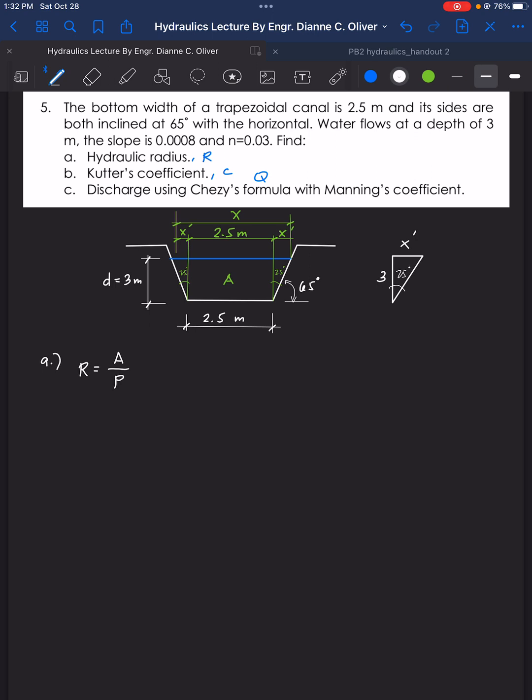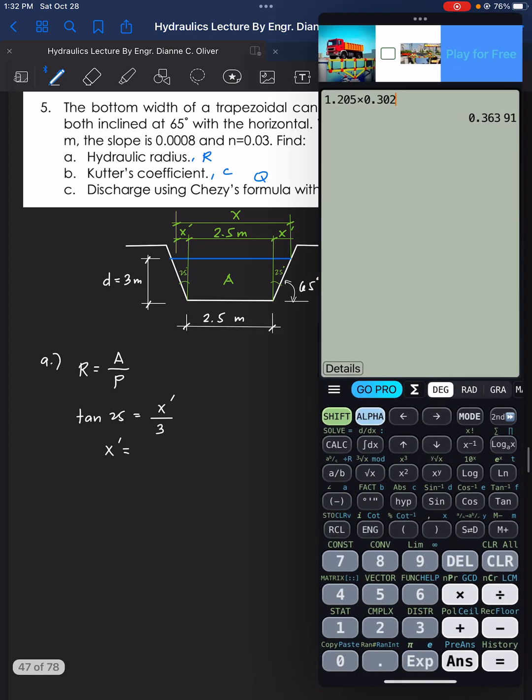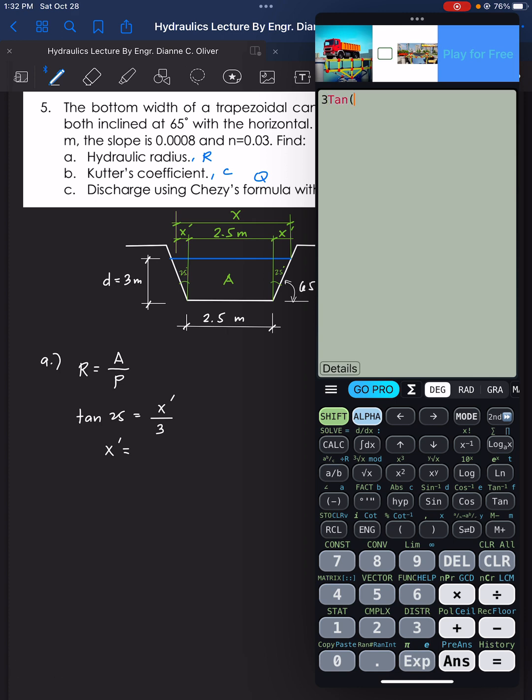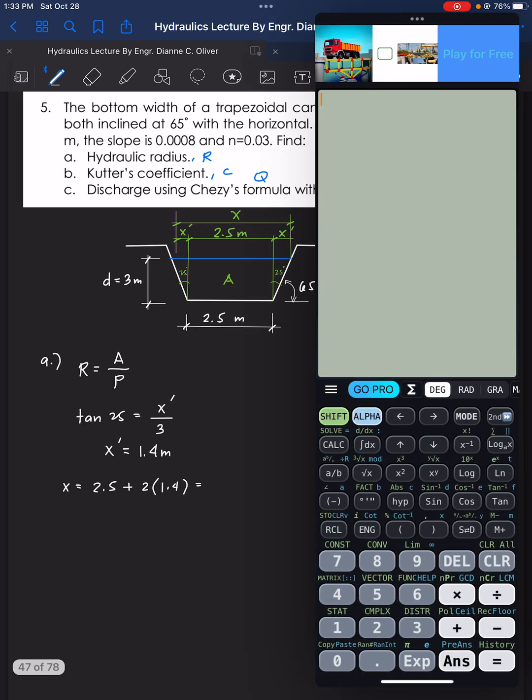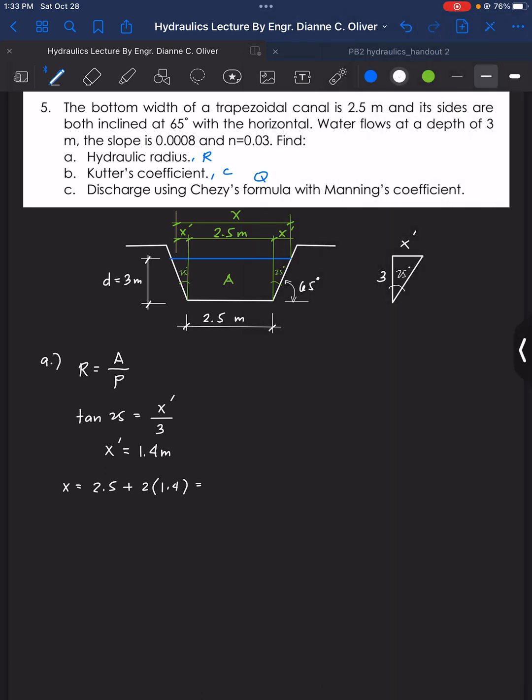Therefore, to get the value of x prime, we have tangent 25 is equal to x prime divided by 3. So x prime is equal to 3 tangent 25, that is 1.4 meters. Therefore, our x value here is equal to 2.5 plus twice 1.4, and that is equal to 5.3 meters.